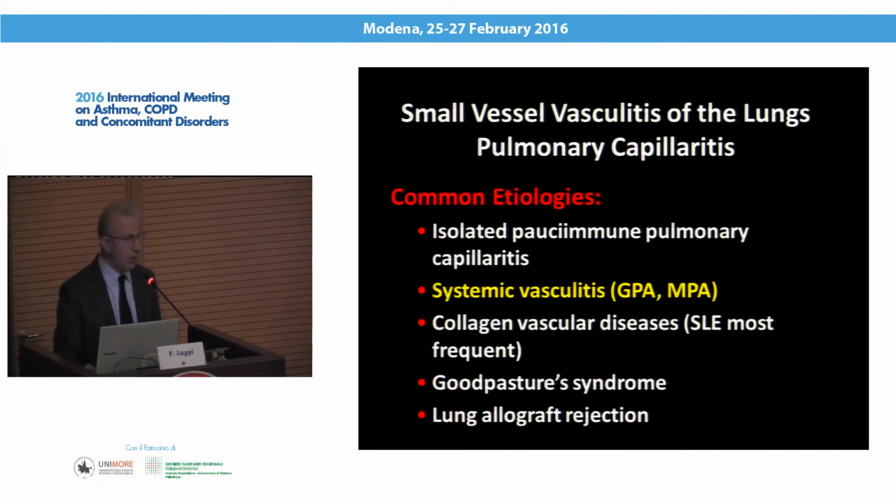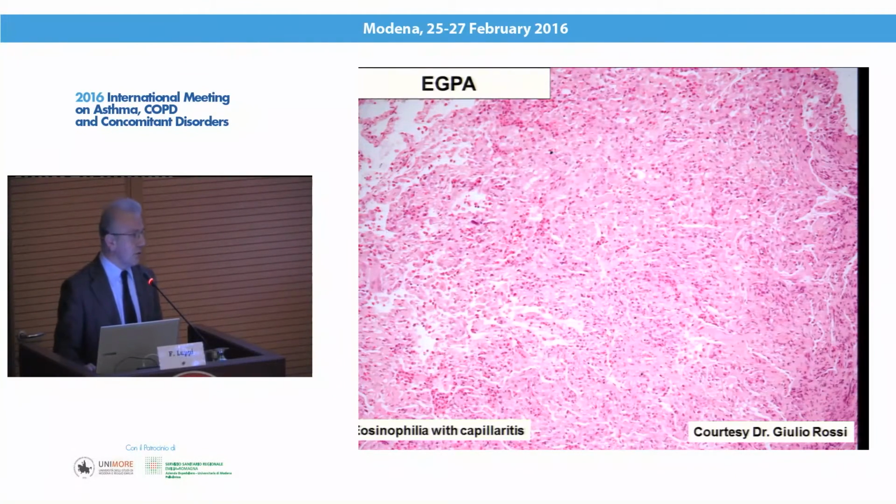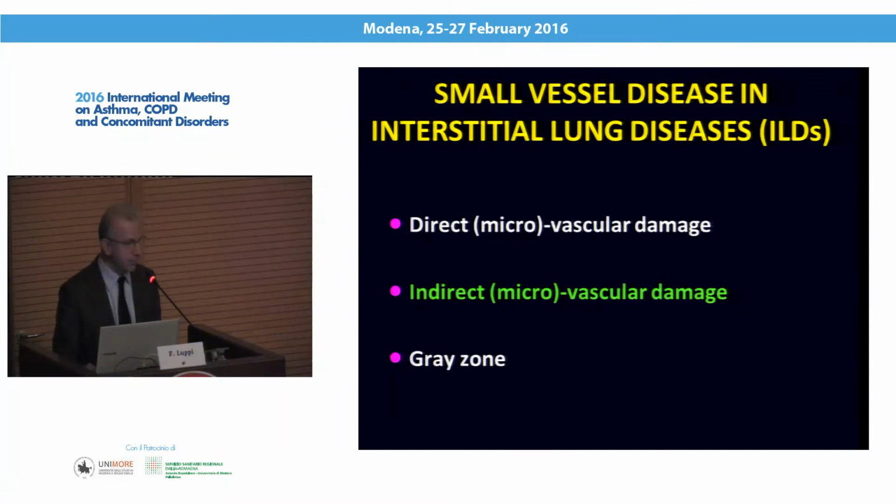This condition, however, is not specific for systemic vasculitis, but we can also find it in isolated pauci-immune pulmonary capillaritis, in collagen vascular disease, in Goodpasture syndrome, and in lung allograft rejection. The diagnosis is usually histologic, so in these diseases a biopsy should be performed, mainly for the potential negative prognosis, for the duration of the treatment, and for the potential side effects of the drugs.